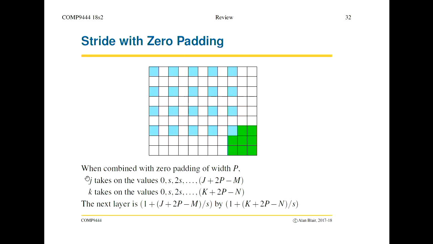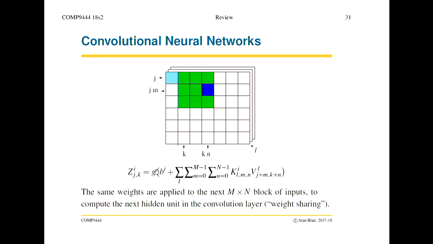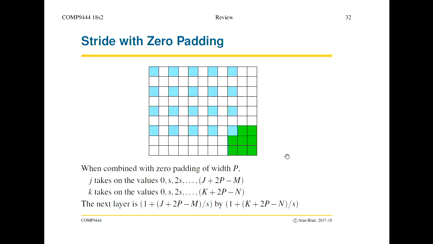The most general case we considered was where you have both stride and padding, and you can use these formulas to figure out how many neurons there are going to be in the next layer. We also looked at how to compute the number of weights and the number of free parameters, and sometimes we have a bias and sometimes not. I think in the first assignment we didn't have the bias. It's sometimes included and not, depending on the situation.